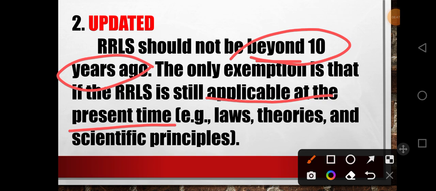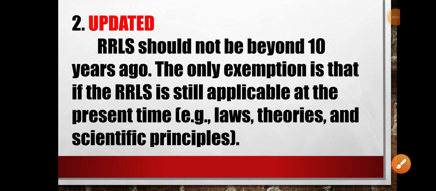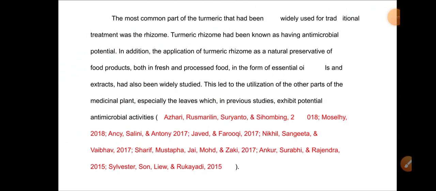And what are those RRLS that are applicable in our present time? Those are the laws, the theories, and the scientific principles. Okay, so that is another characteristic of a good RRLS. The date of publication shall not exceed 10 years ago, so that you can show that your sources are updated. Okay, next.